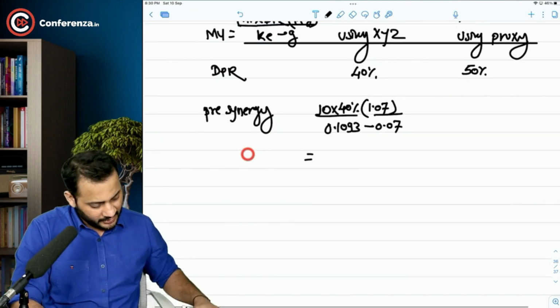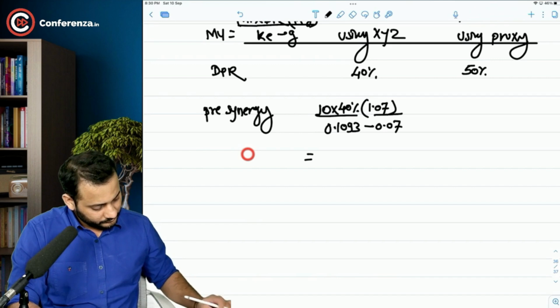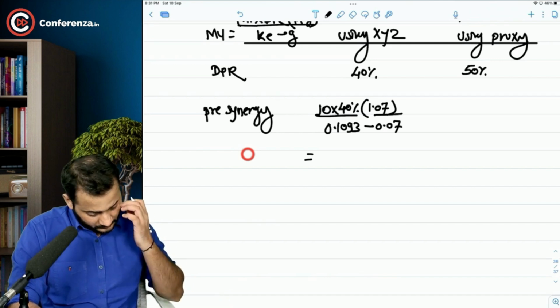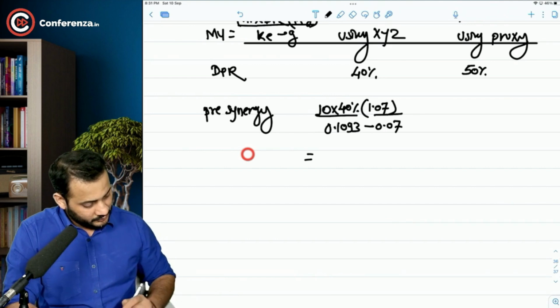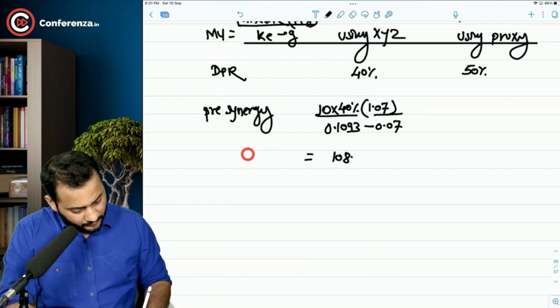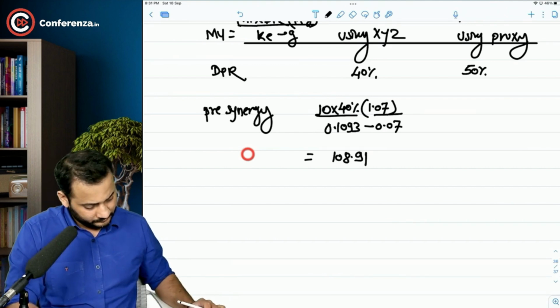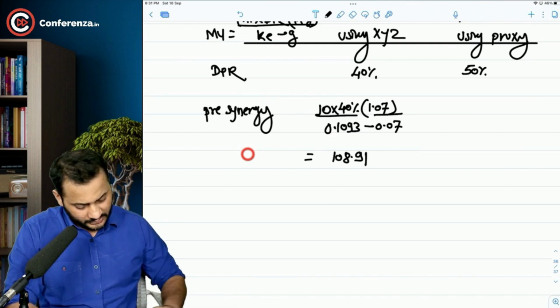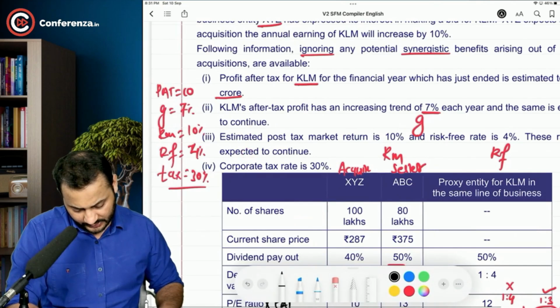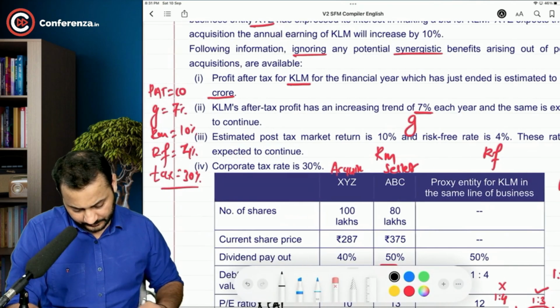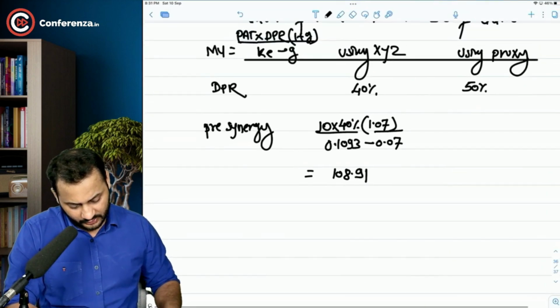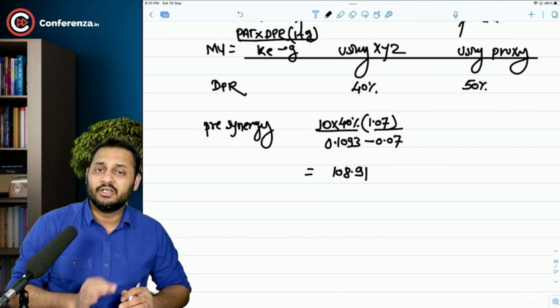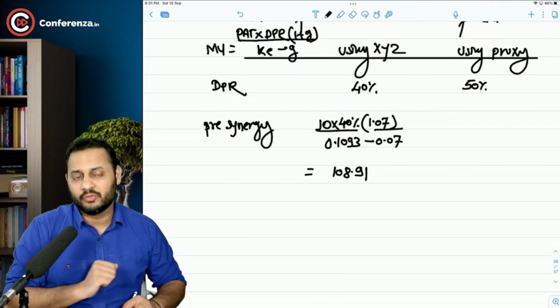So this will be the market value: 108.91. 7% or 6%, let me just check. 7%. Okay, so this will be your pre-synergy market value using XYZ's dividend payout ratio.